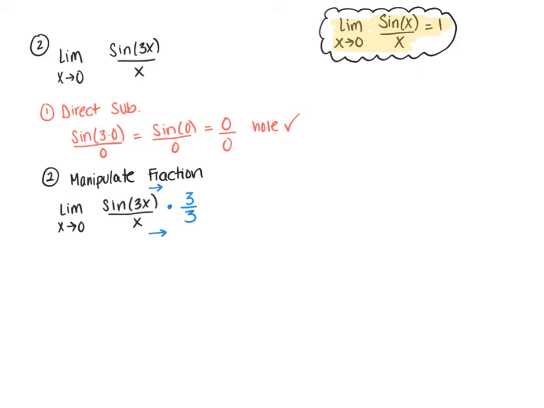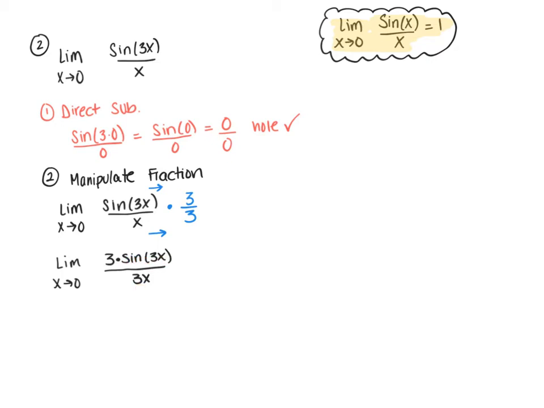So we're going to do that by saying, okay, we have the limit as x approaches 0 of 3 sine 3x all over 3x. All I did was switch this 3 and put it in front. Multiplication is commutative, so I can do that. So technically, we have what we need. We have sine 3x over 3x.